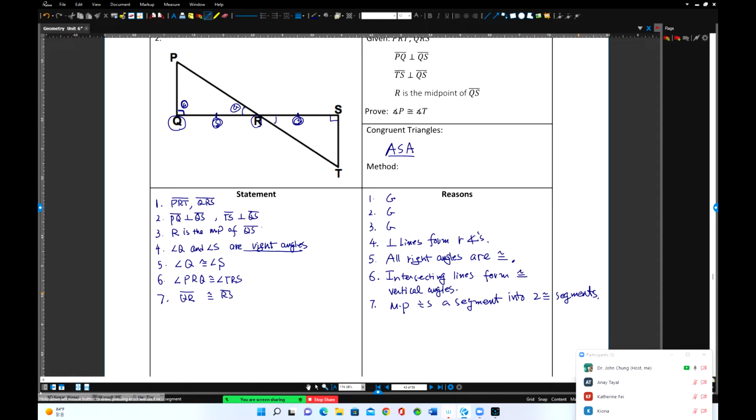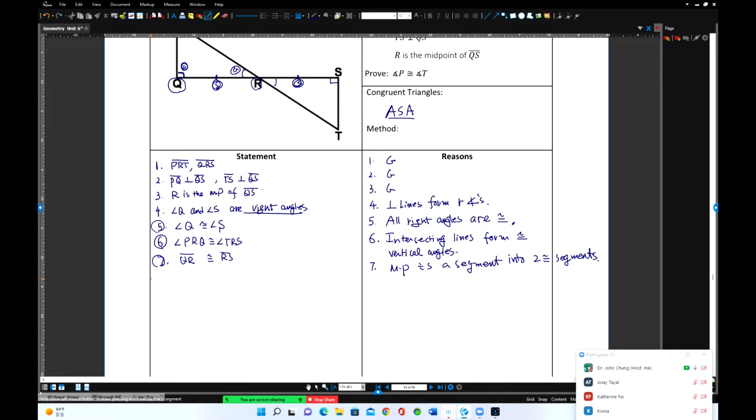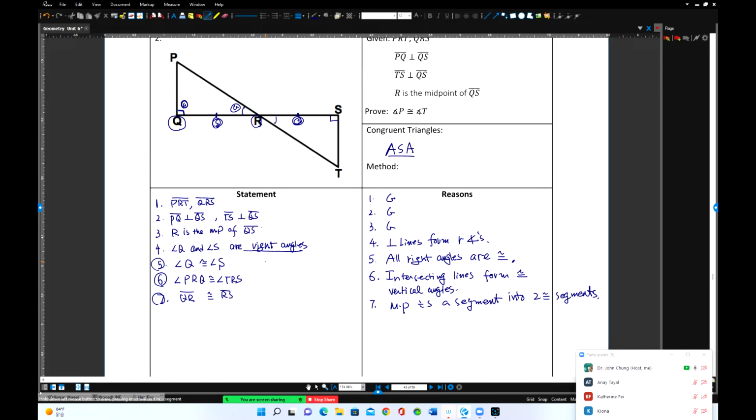Now you got everything: angle, side, angle. Now you can prove these two triangles are congruent: triangle PQR congruent triangle TRS.